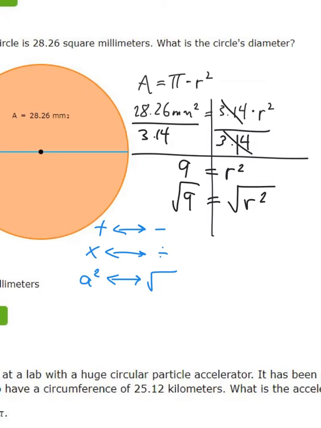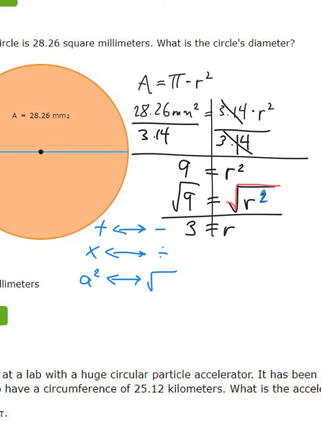So what's going to happen on the right side here is this square root and this exponent 2 are going to cancel each other out, and all that's going to be left on the next line is the variable r. If I put the square root of 9 into my calculator, my answer is going to be 3.